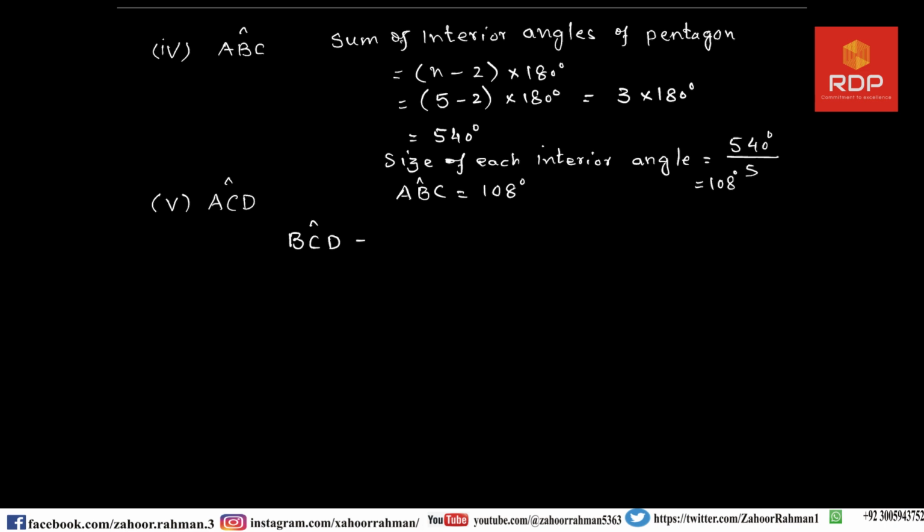BCD is equal to 108. We found it from here, because the size of each interior angle of a pentagon is equal to 108.